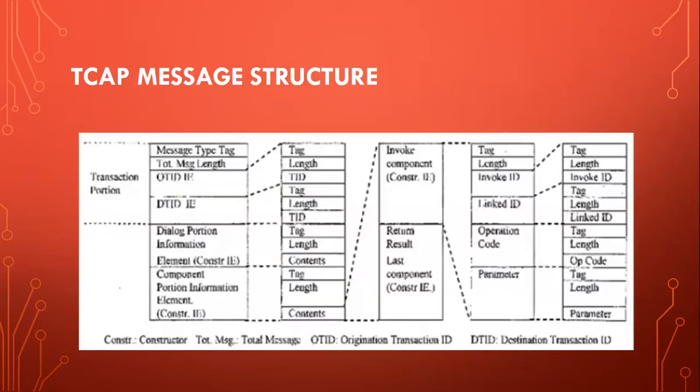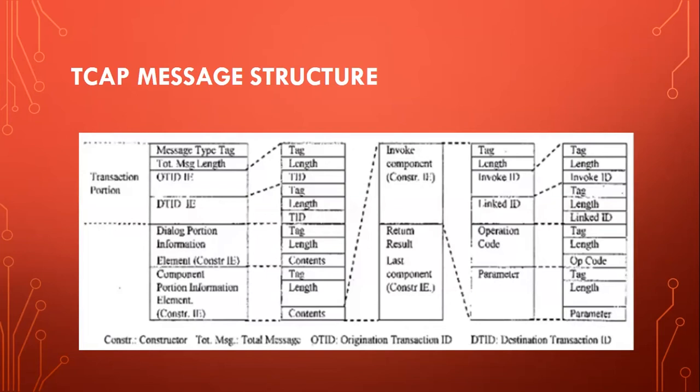So the TCAP message structure, this is how it looks like. We have the transaction portion, we have the dialogue portion, and we have the component portion, as you can see.